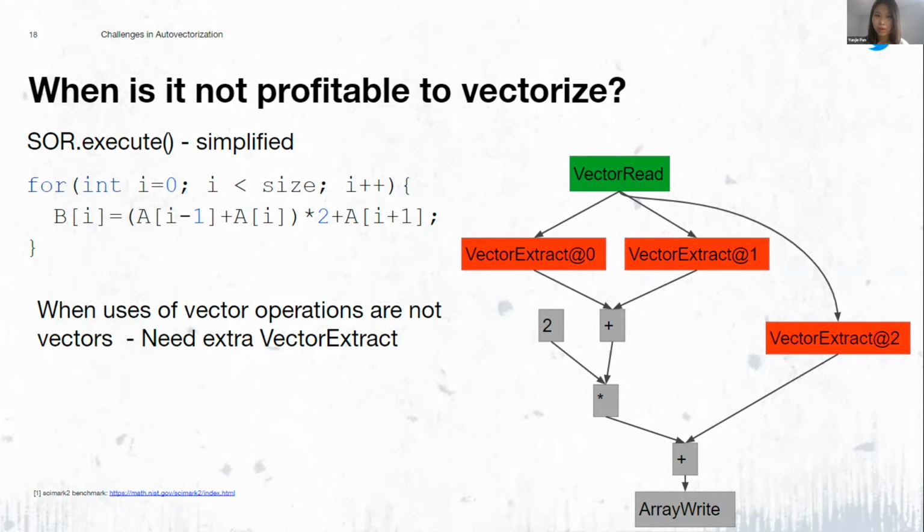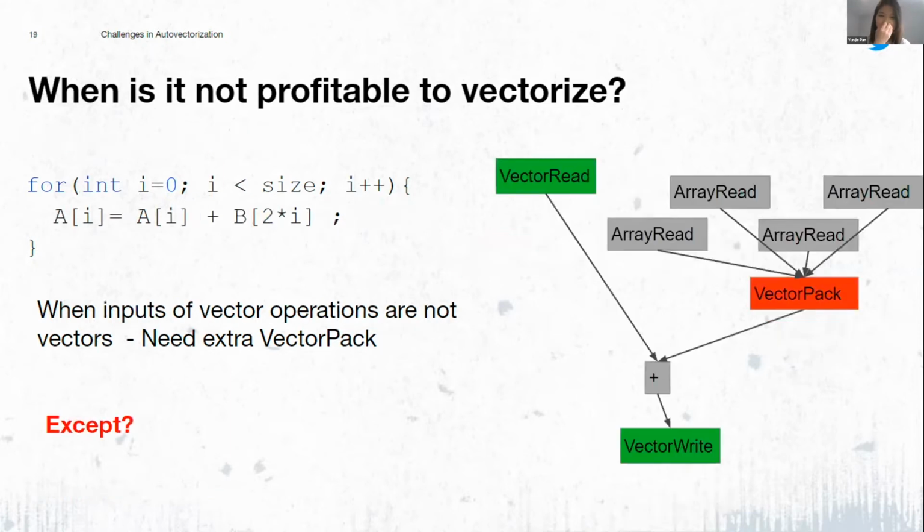So it's not profitable to vectorize when the uses of vector operations are not vectors. That means we need actual vector extracts. Another case that is not profitable to vectorize is when the inputs of vector operations are not vectors. Let's look at the example here: A[i] = A[i] + B[2*i]. When reading and storing values of array A, we are accessing adjacent memory, so there is 1 vector read and 1 vector write, which looks good.